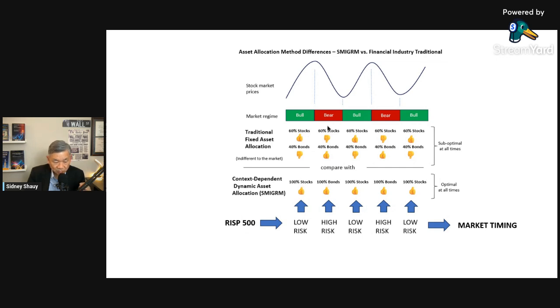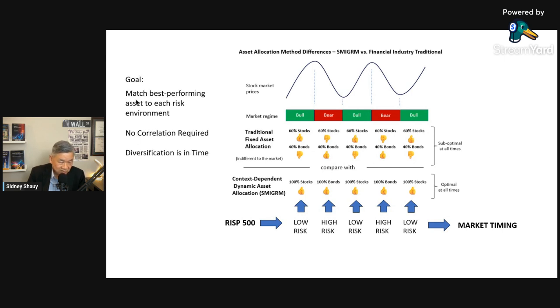It's going to tell us the best moment to rotate from stocks to bonds. I'm assuming we're using the same pair here, but instead of making a breakdown, we're going to change over time. So the goal is to match the best performing asset to each risk environment.